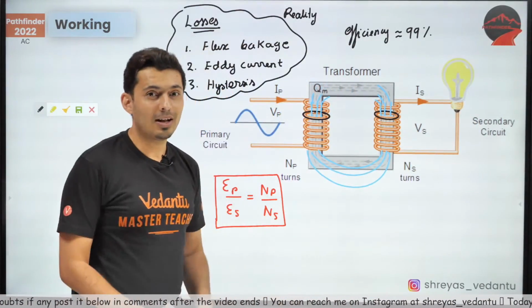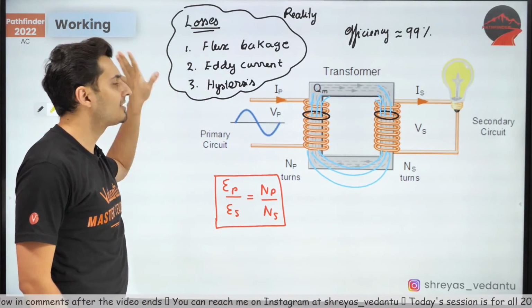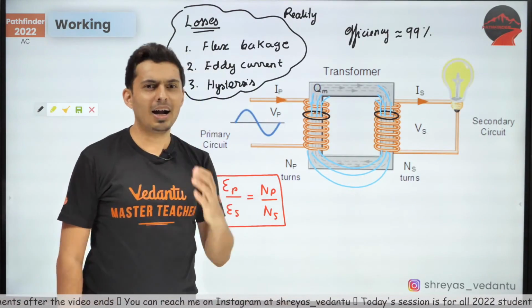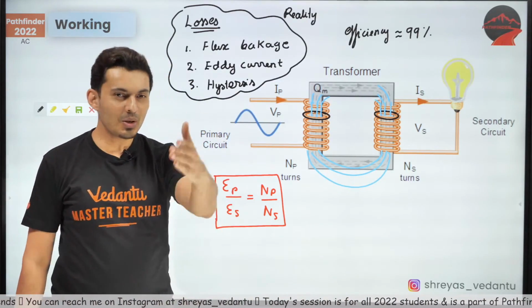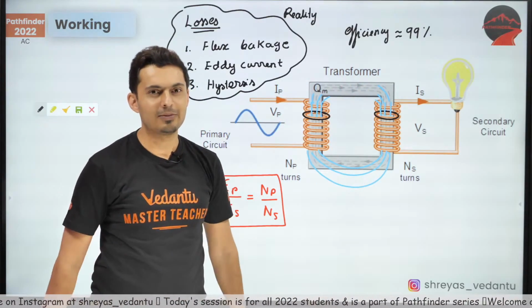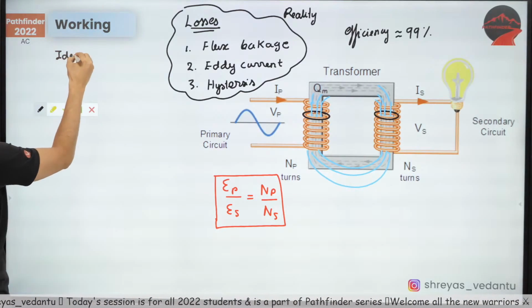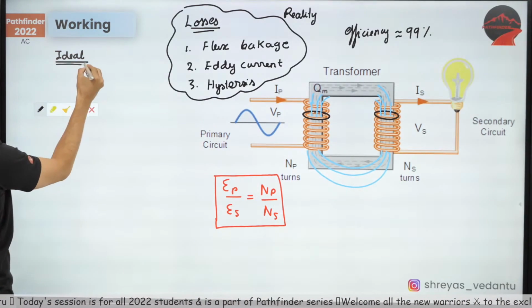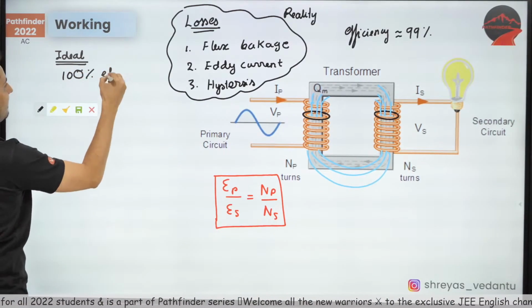Most transformers hardly have 1% loss because of flux leakage, eddy current and hysteresis combined together. So hardly any energy gets wasted. Isn't that fascinating, guys? So you can assume this has almost 100% efficiency. So for an ideal transformer, there will be 100% efficiency.